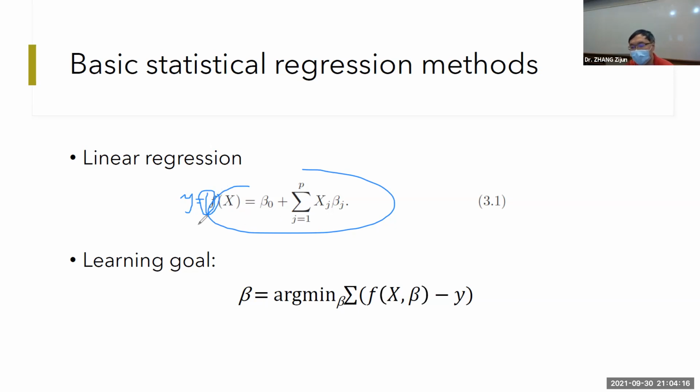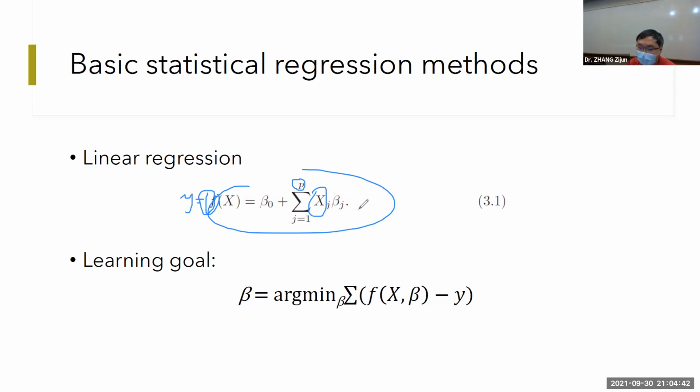More specifically, f is equal to beta 0 plus the summation of x_j multiplied by beta_j, with j equal to 1 to p. So this p indicates the dimension, or the number of x in the input, or the number of attributes.